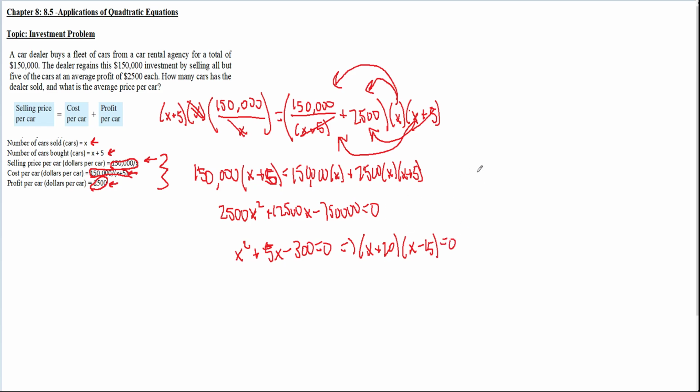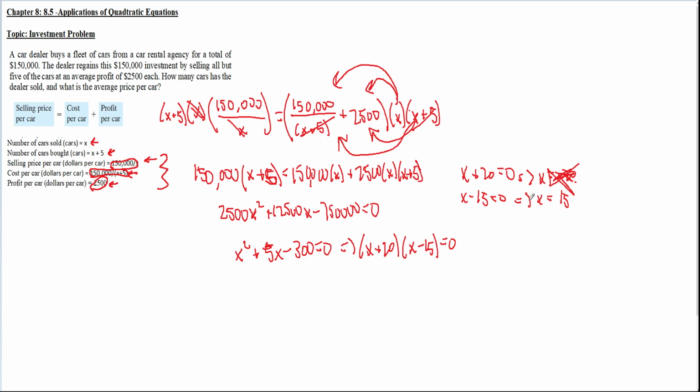We take each of these solutions and set them equal to 0 to find our x values. We find that x is equal to negative 20 and x is equal to 15. Since we want to know the number of cars sold, obviously we can't have a negative amount of cars sold, so we reject this negative value here.